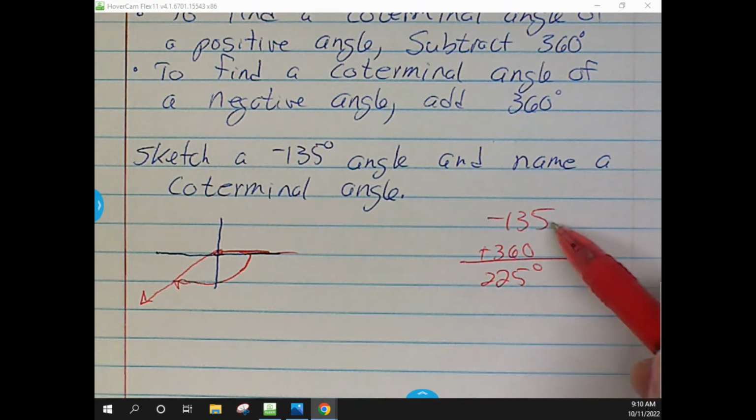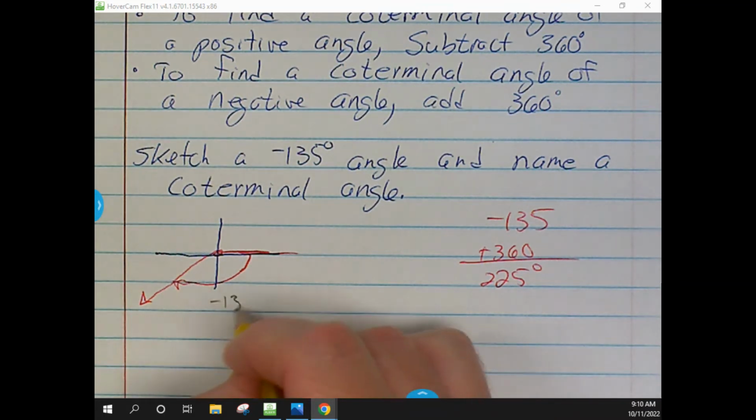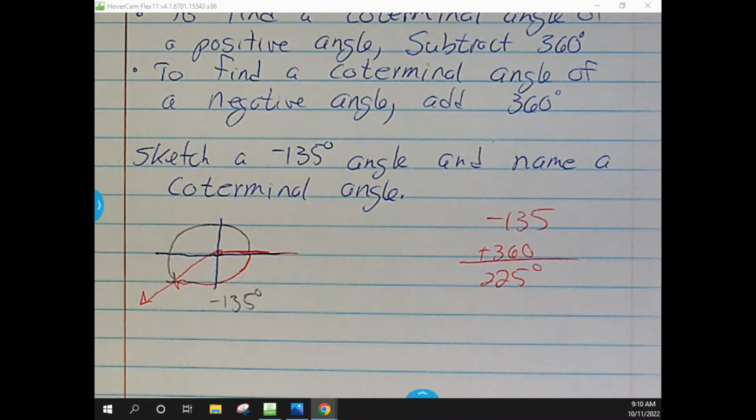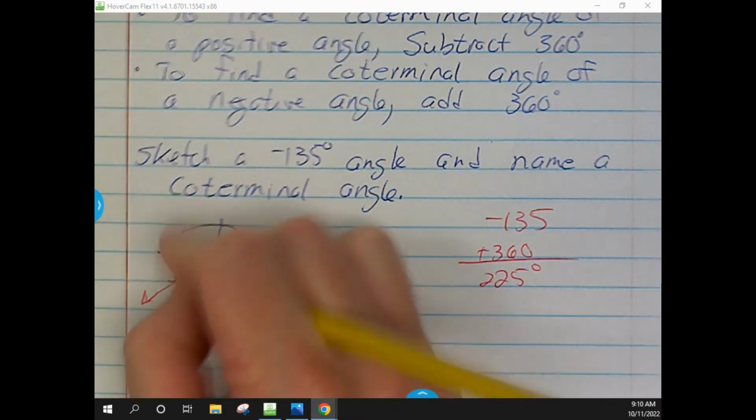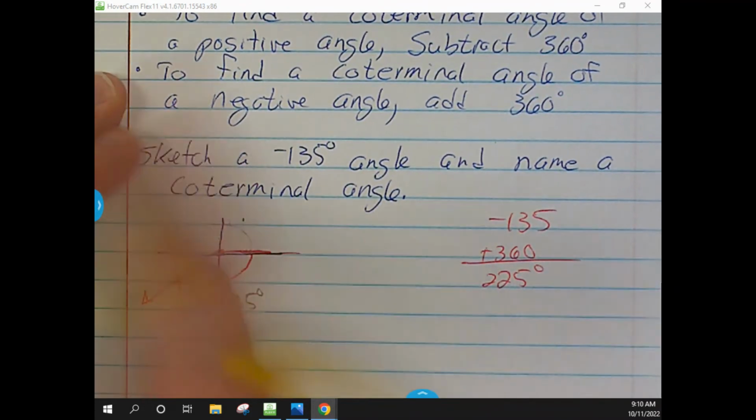So negative 135 and 225, basically they're the same angle. The only difference is negative 135, you're going to go this way. And then 225, you would be going that way. But for sketching it, you wouldn't have to sketch that part of it. We'll just sketch the other part there.